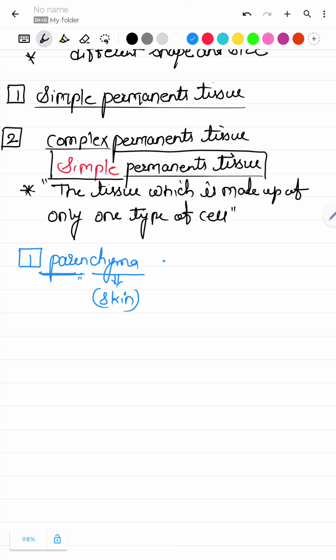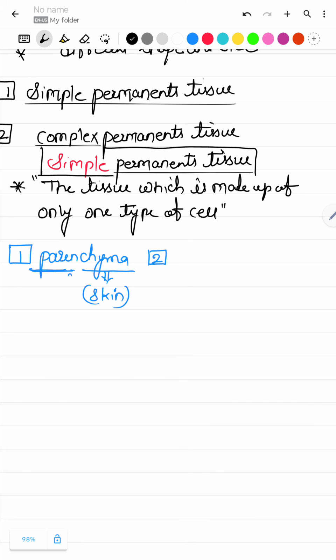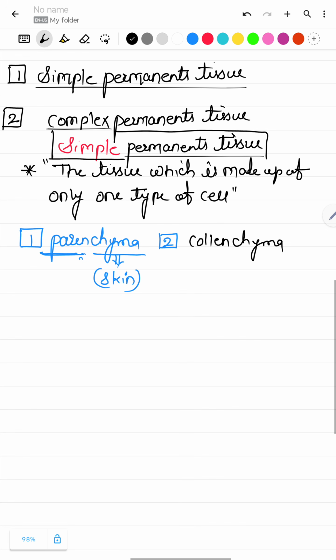The next type is collenchyma. What is the meaning of the word colle? Glue. Chyma is skin, so glue-like skin, that is collenchyma.